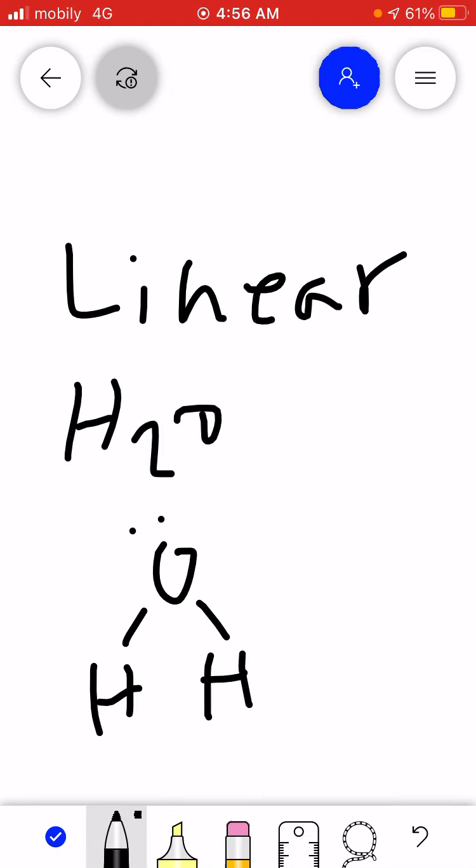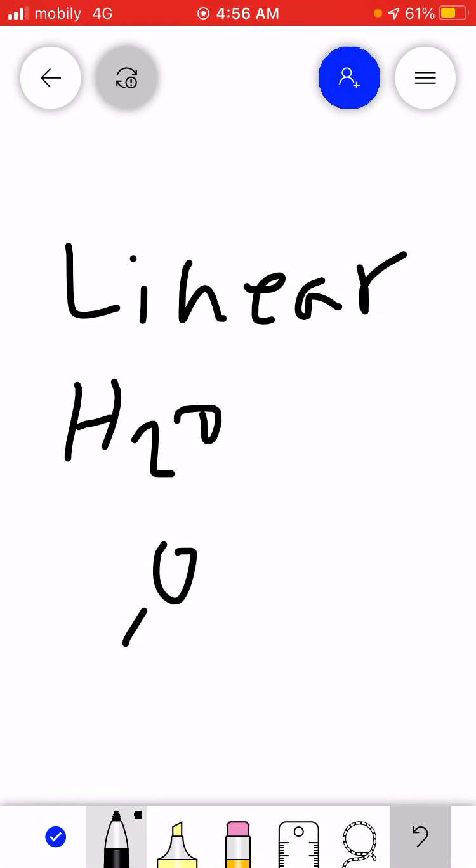Well, the lone pairs are asymmetric, so they're not going to cancel out, and it's basically a bent shape. Then the next one is trigonal pyramidal, that means 109.5 degrees in between each angle.